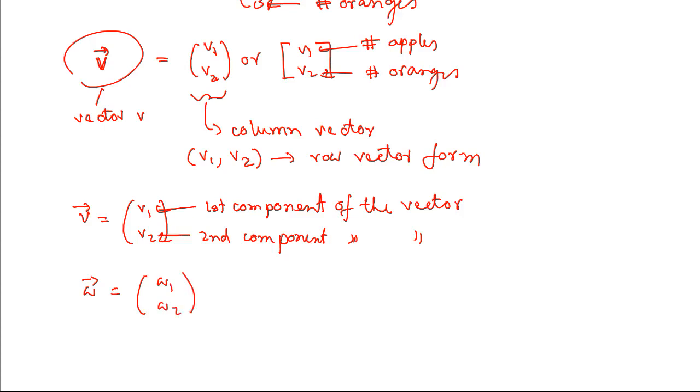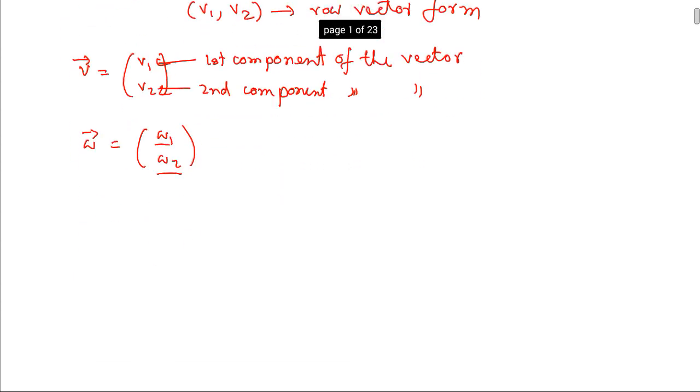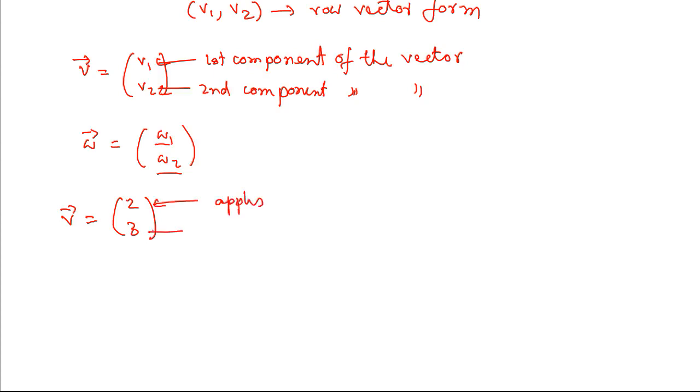Now let's give some numbers again. So now we are using v sub 1, v sub 2, or w sub 1, w sub 2. Instead of that, let's work with real numbers. Let's say v is essentially what we have is 2 apples and 3 oranges. Same thing with w.